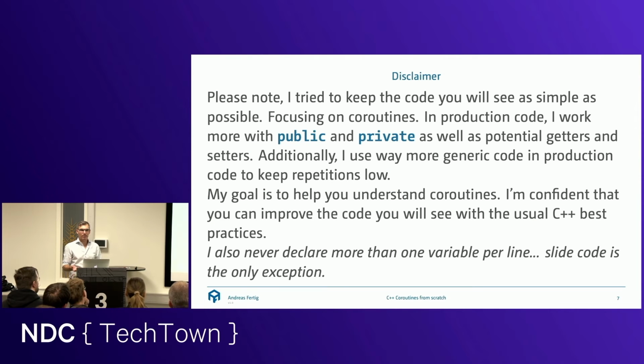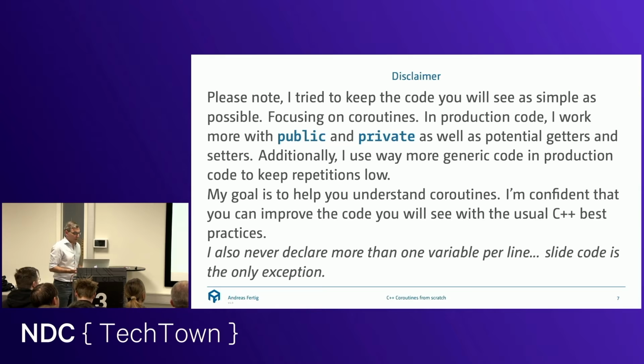This slide makes me sad. And it's twice as sad because it's my own slide set, right? I shouldn't have a slide in there which makes me sad. But anyways, it's there. So this is a little disclaimer. Please note, for this presentation, I tried to keep the code you will see as simple as possible, focusing on coroutines only.